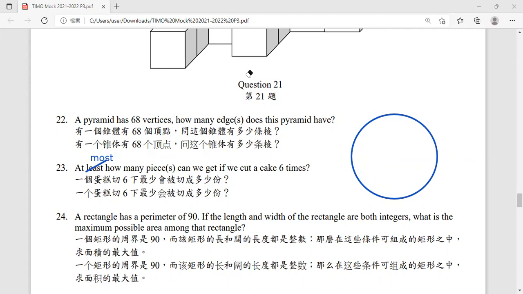Actually, this is a little bit tricky. Okay, some answered 16 and some answered 36. Okay, some answers were okay.